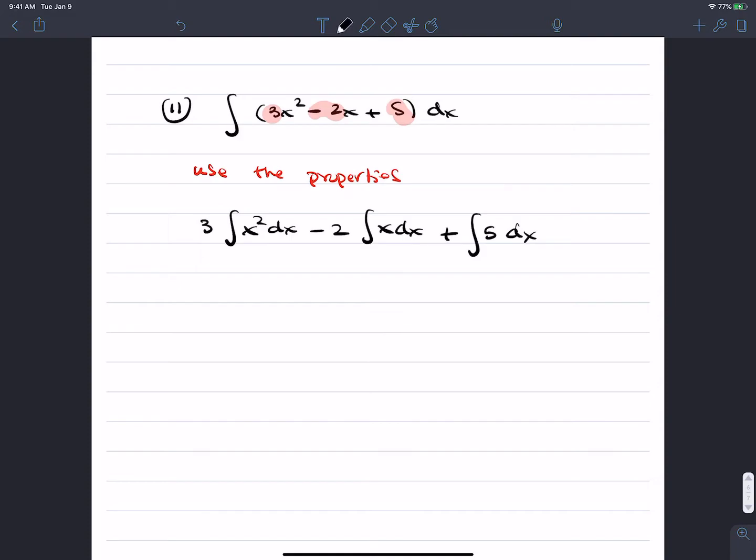Dx. So notice what stands out to me is all the constants. And then what also stands out is I got sums and differences. So I have a difference here. I have a sum. I wrote this here as a difference. So this is what stands out.